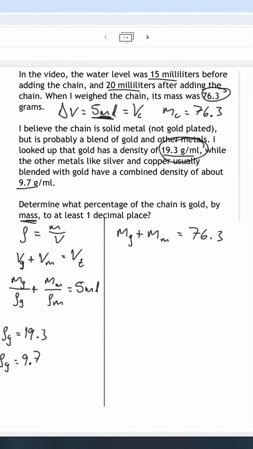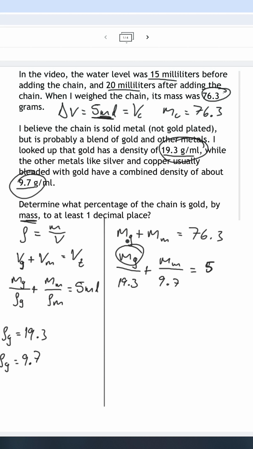So with the second equation, it's going to be m sub g over the density of the gold, which is 19.3, plus the mass of the other metals divided by the density of the other metals, which is 9.7. And this has to be equal to the full volume, which is 5 milliliters. There you go. So now we have a system of equations.